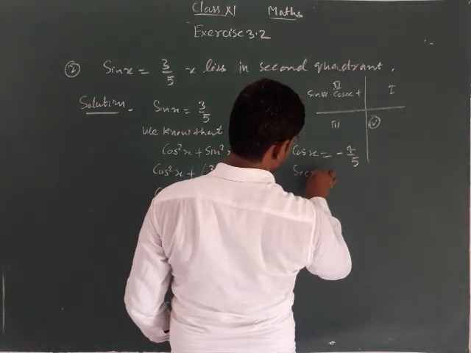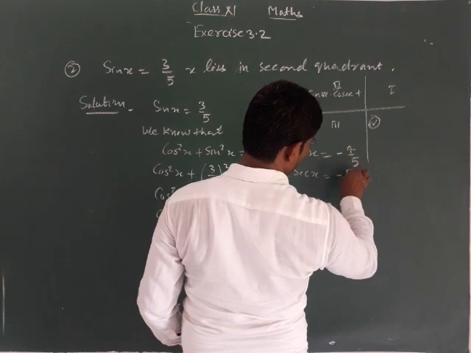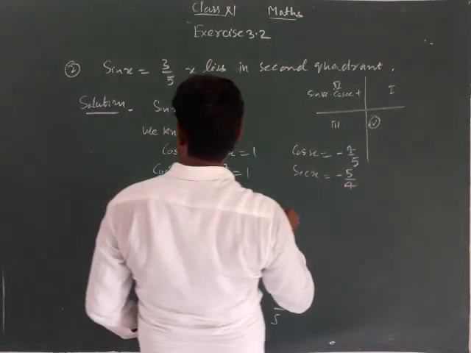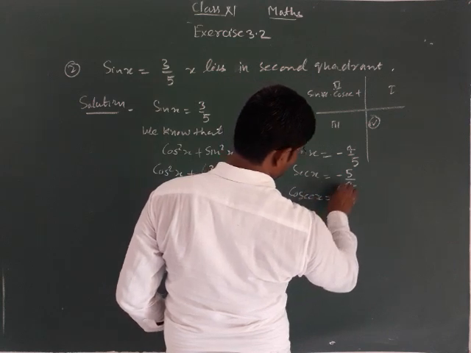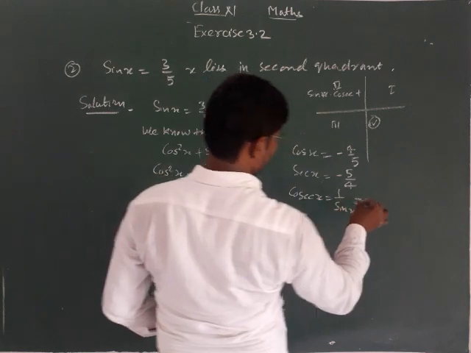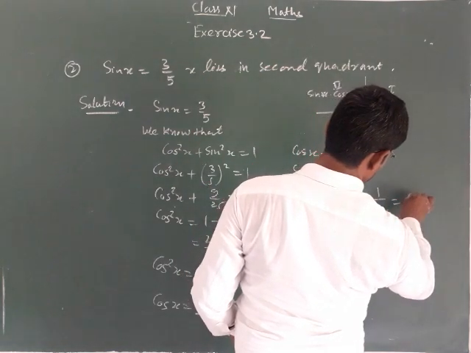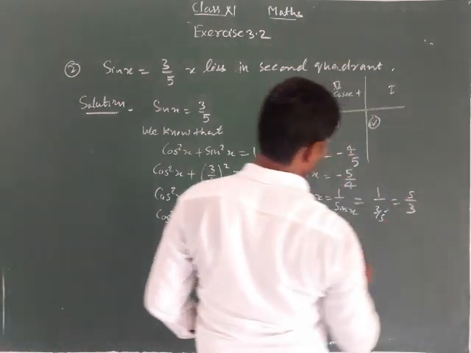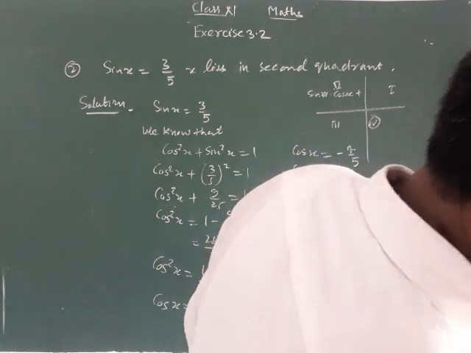Sec x is the reciprocal of cos, so minus 5 upon 4. And cosec x is equal to 1 upon sin x, which is 1 upon 3 upon 5, equal to 5 upon 3.